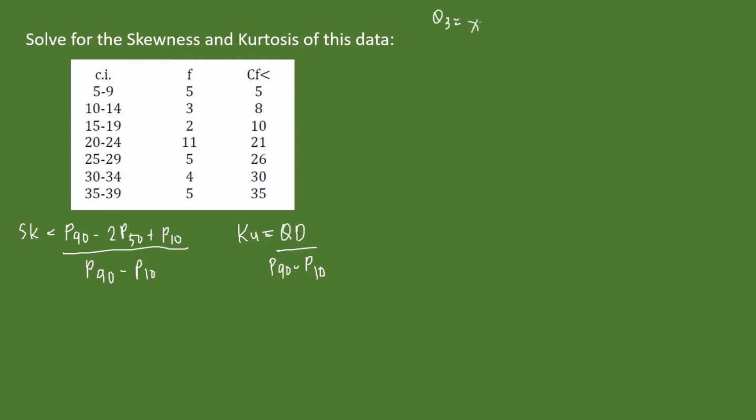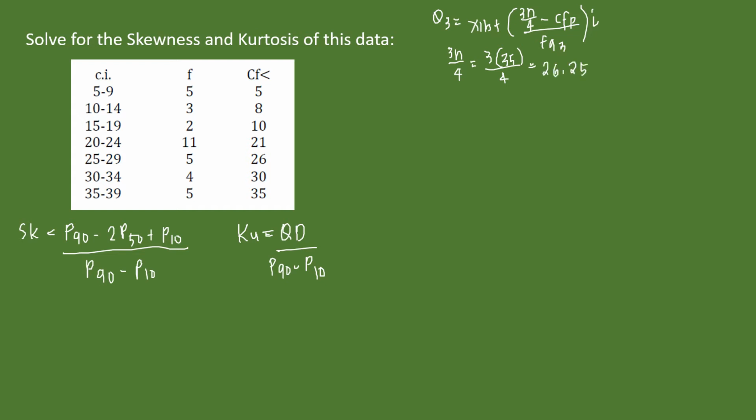We'll have lower boundary plus 3n over 4 minus CFP over f of Q3 times I. Solving for the locator, 3n over 4, that is 3 times 35 divided by 4, and that would give us 26.25.